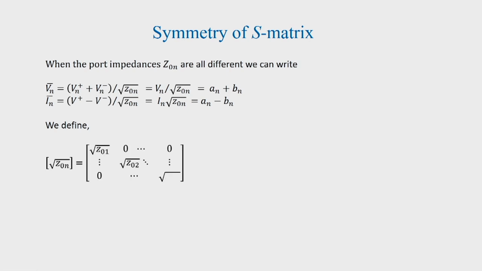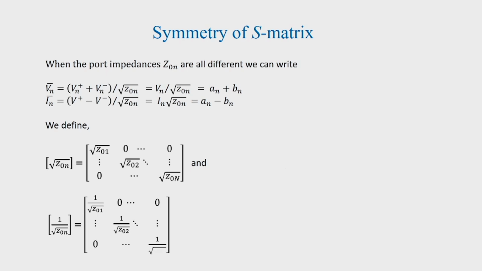two square matrices. One is a matrix of root Z0 n, which has all the diagonal elements as root Z0 n and off diagonal elements are 0, and another matrix where the diagonal elements are 1 by root Z0 n.